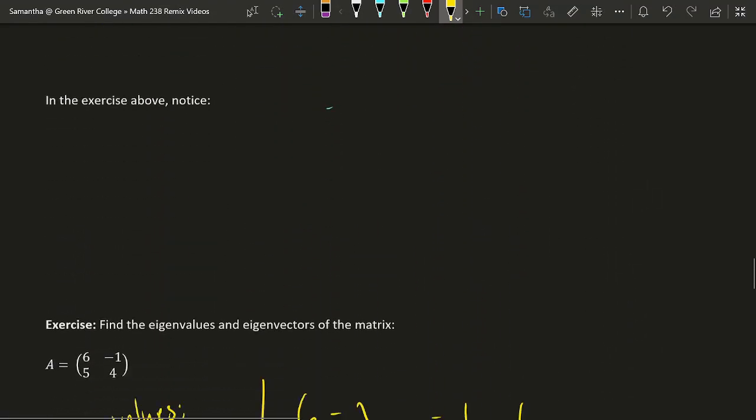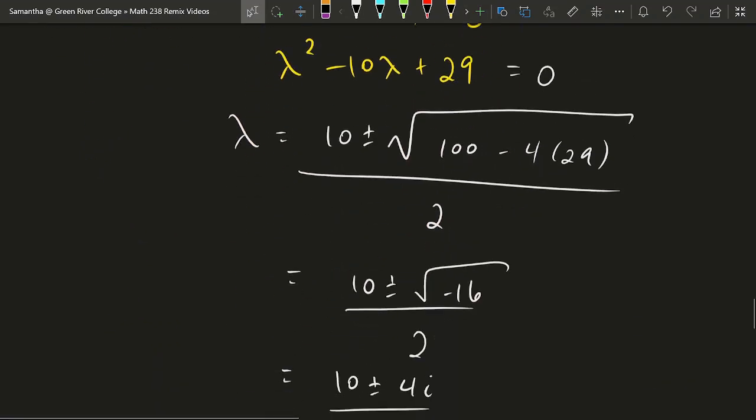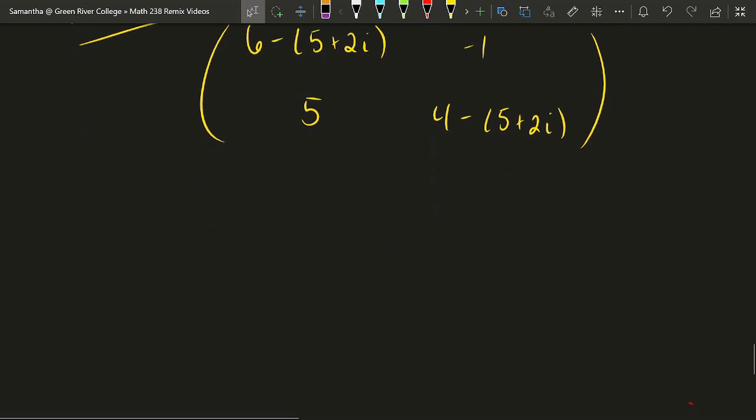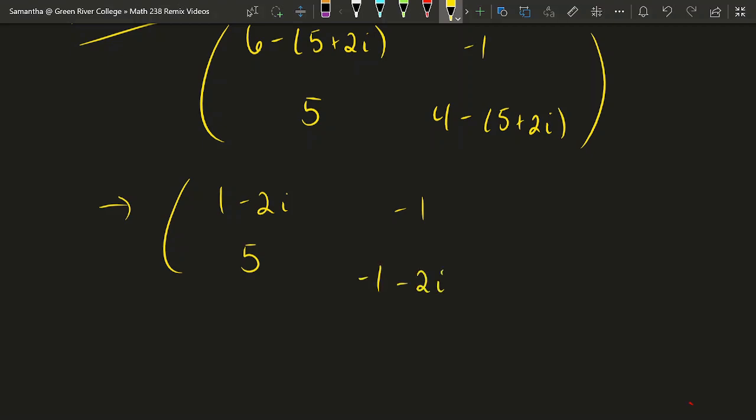Then on the off diagonal, -1 and 5. And then 4 minus (5 plus 2i) on the main diagonal. After simplification, this becomes 1 minus 2i, -1, 5, and -1 minus 2i.